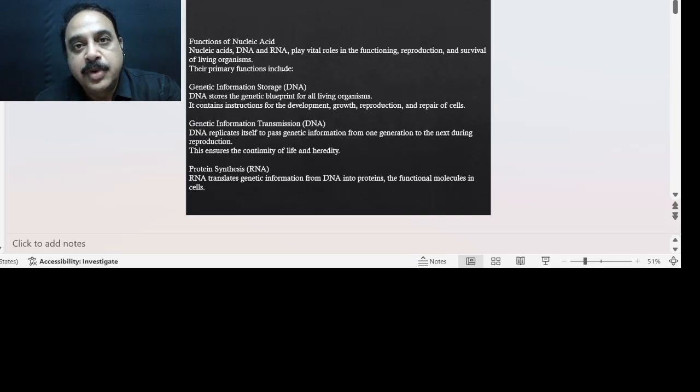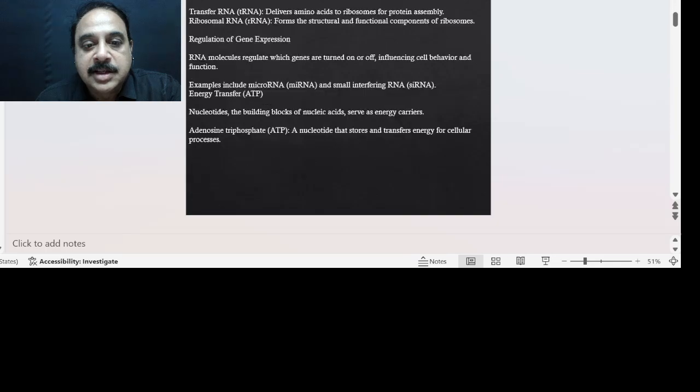One of the most important functions of nucleic acids is protein synthesis. The RNA translates the genetic information from DNA into proteins, the functional molecules in cells. In the sequence, we first look at messenger RNA.